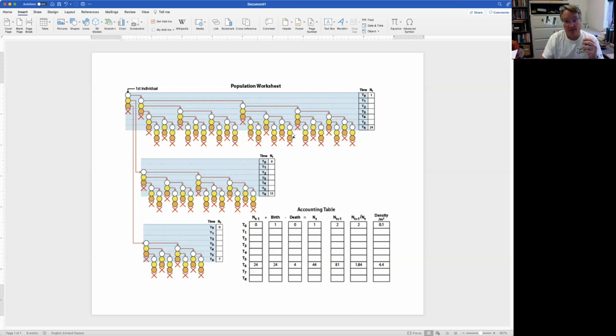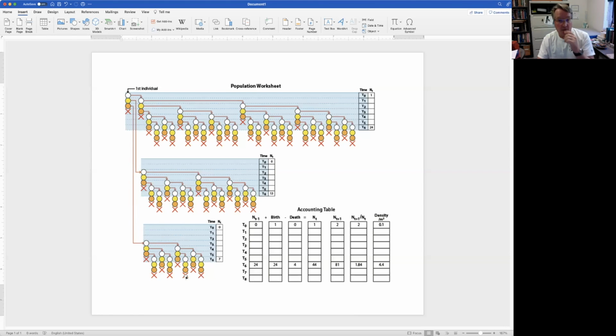And we can track that and follow that pattern all the way through. And then same thing here, the second offspring from our original individual, we're just tracking that in this section here. And then all the offspring of the third time period, its third offspring, its third child, however you want to think about it, we're going to track those down here.